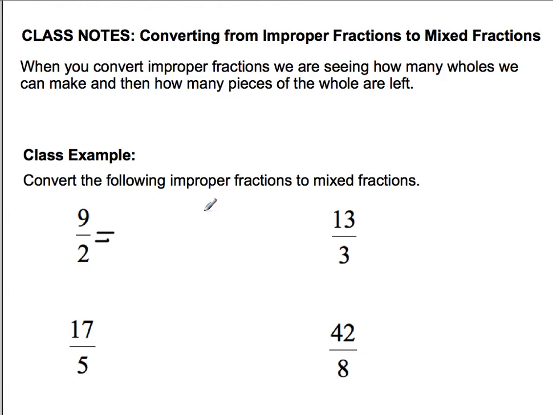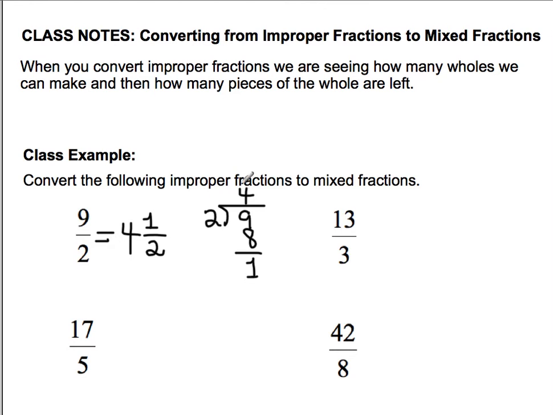I like doing the division way. You can draw a circle, which is fine. But we're going to see how many whole times 2 goes into 9, which is 4. So we have 4 whole pizzas. And then when I divide, we have 1 left over. That's the part. So we have 4 and 1/2.